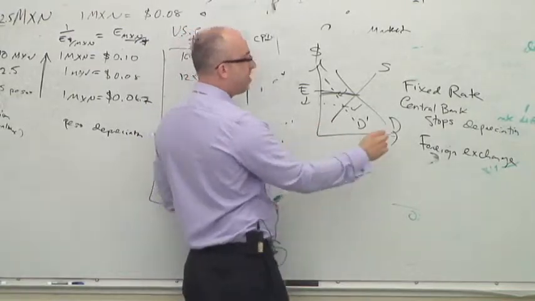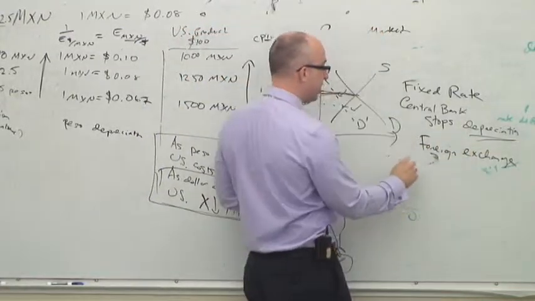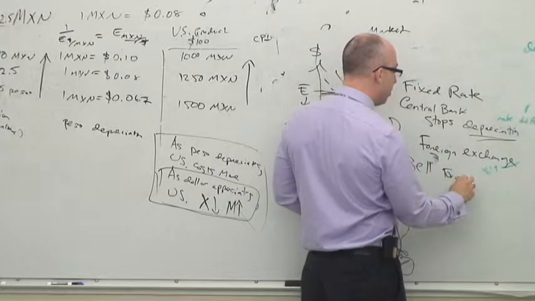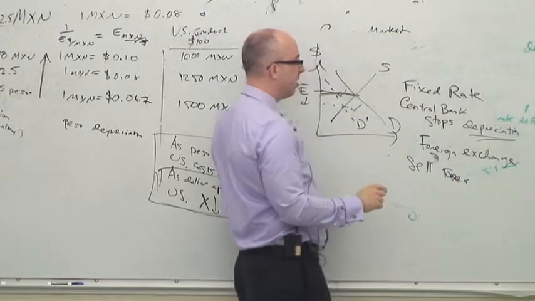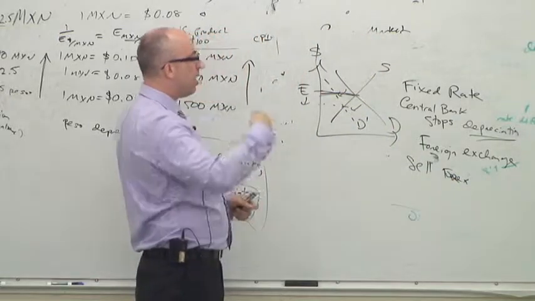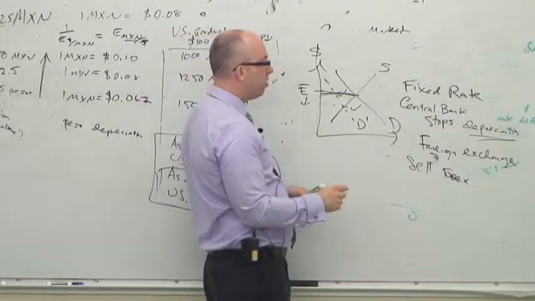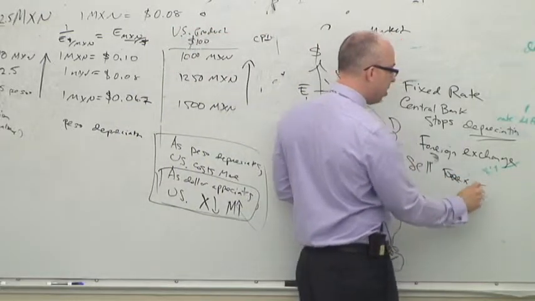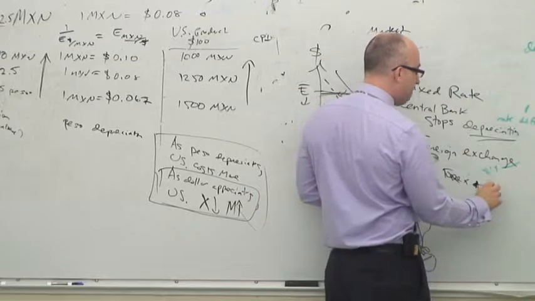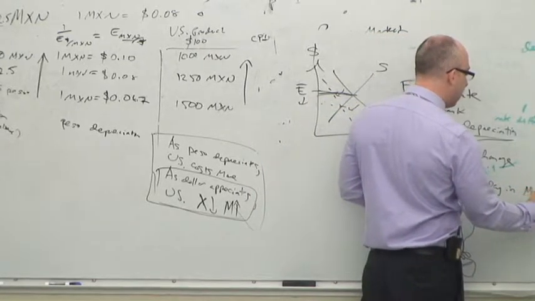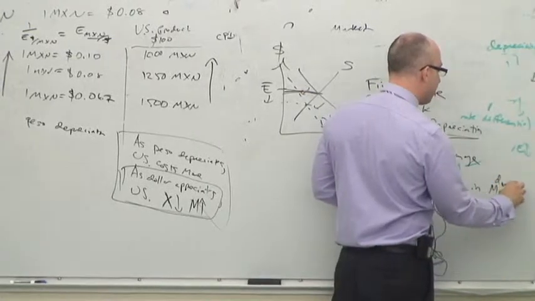But what it does to stop a depreciation is sell foreign exchange, or Forex. So you are putting other countries' money out in the market. You're giving out other money. What you do in exchange, you have to pay in your own money or domestic money.